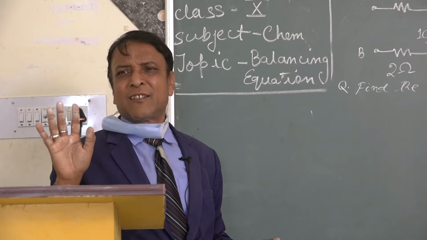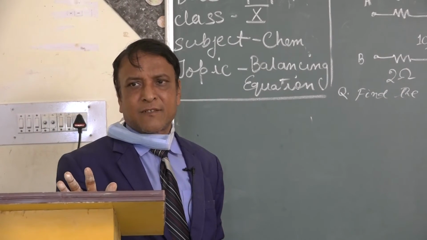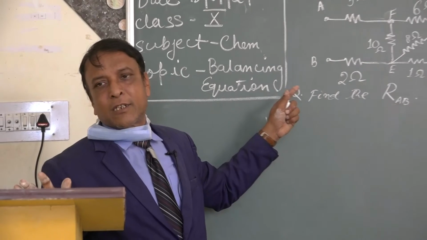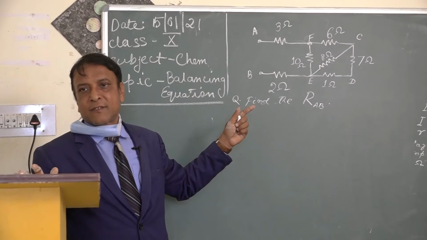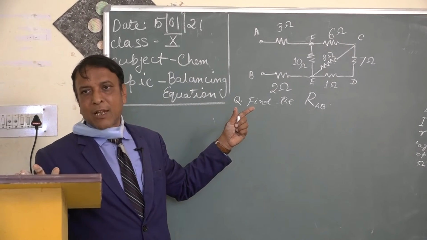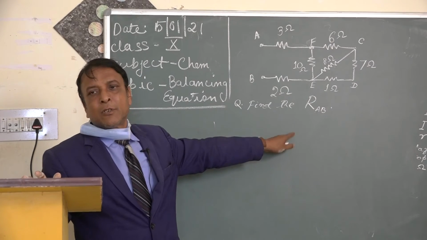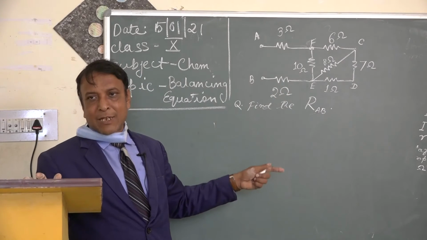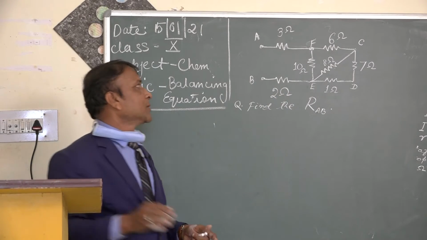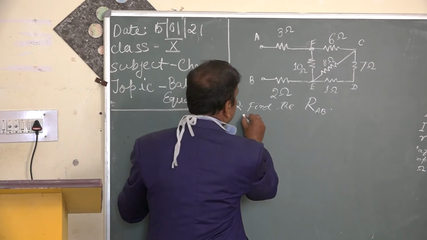I will take a single resistor, means equivalent resistance. So I want to find the equivalent resistance between the terminals A and B. R_AB means resistance between the terminals A and B. Okay. This I have to find.